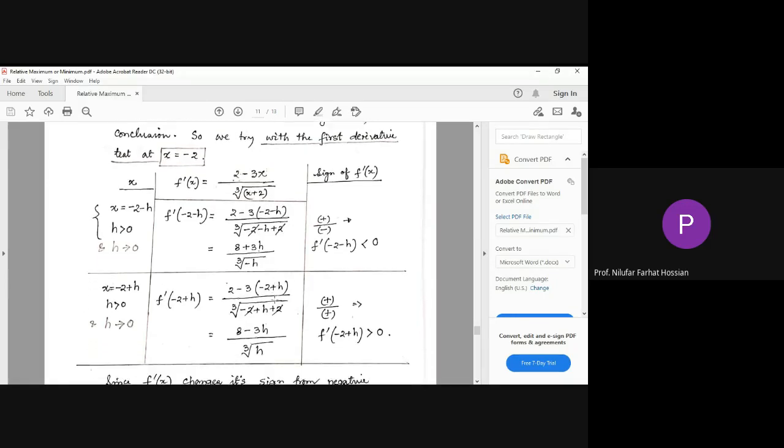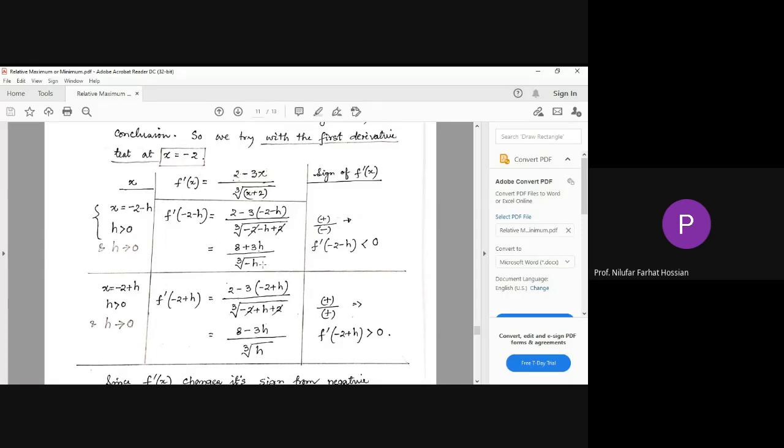Now determine the sign. What will be the sign of the upper part? H is positive. Remember, h is positive. So the sign of the upper part will be positive. I have given the sign here. The sign of the lower part, definitely it will be negative because h is a positive number. So minus h is a negative number. And when you take the cube root of a negative number, the result is negative.